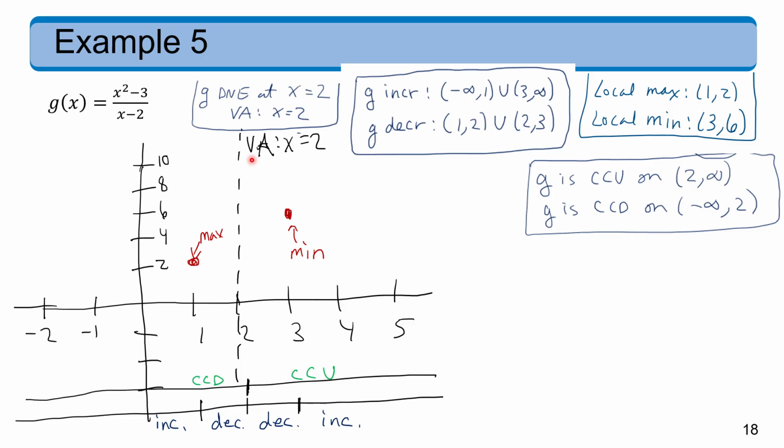And then we get to this asymptote. It stays concave down, it's not going to switch, and it's going to just approach that asymptote going down. So I think we can go ahead and sketch that piece. Concave down, increasing, hit the dot, it starts decreasing and stays concave down, and then approaches this vertical asymptote going downward.